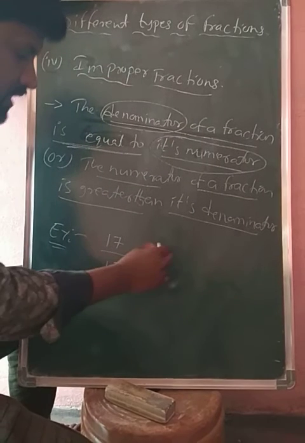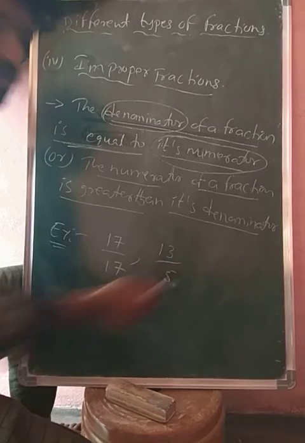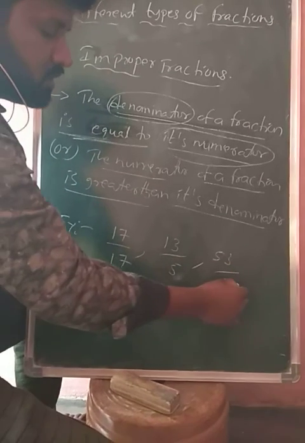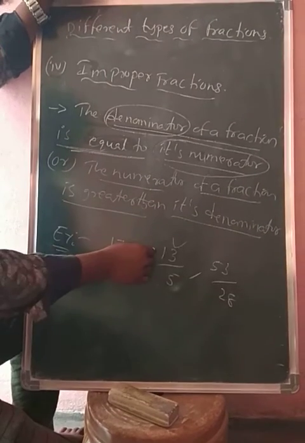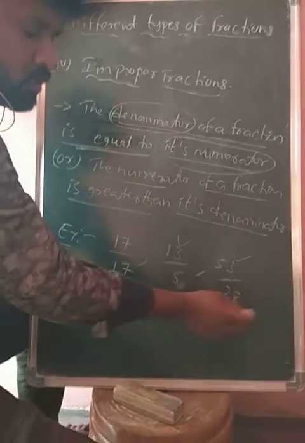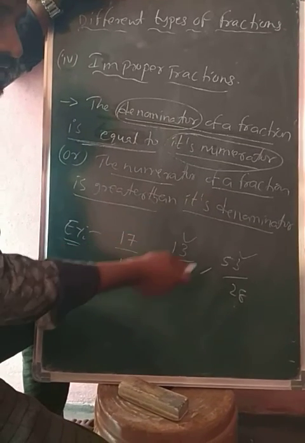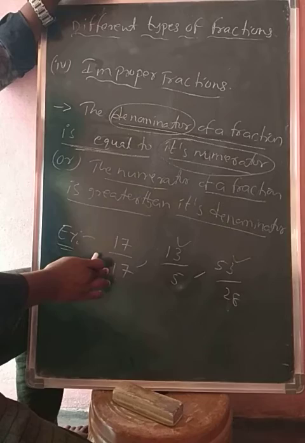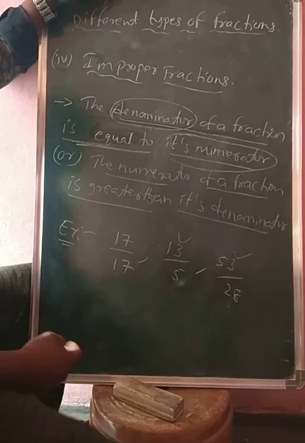Or we can write, the numerator is a big number and the denominator is a small number: 53 by 28. See here, the numerator is big and the denominator is small. The numerator of a fraction is greater than or equal to its denominator, so we call it an improper fraction.